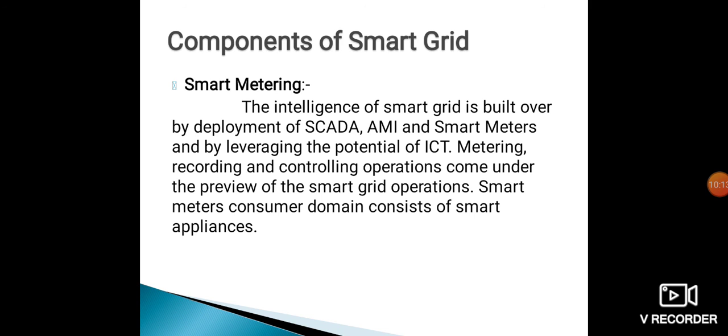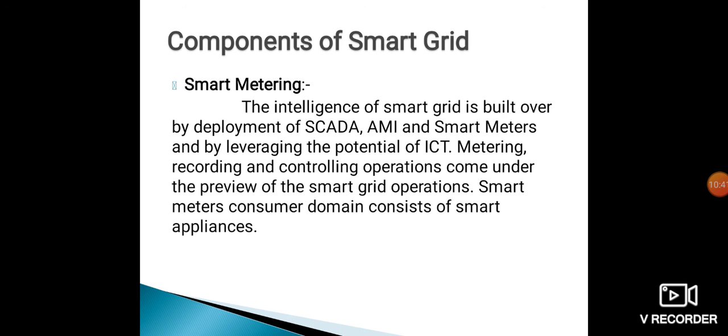Last component for the smart grid is smart metering. The intelligence of a smart grid is built by the deployment of SCADA, AMI and smart meters, and by leveraging the potential of ICT.